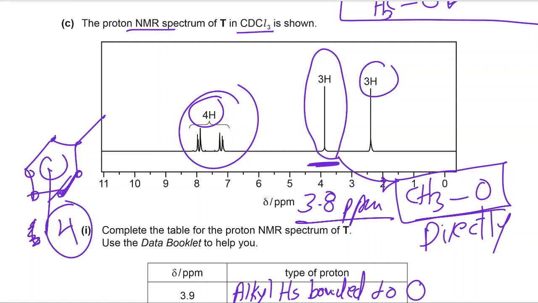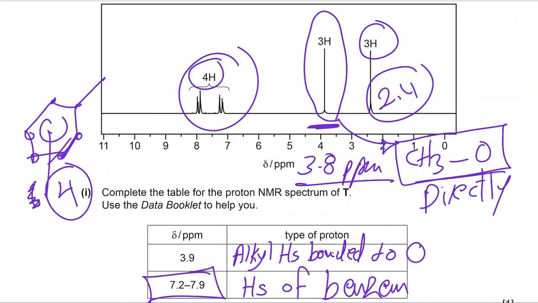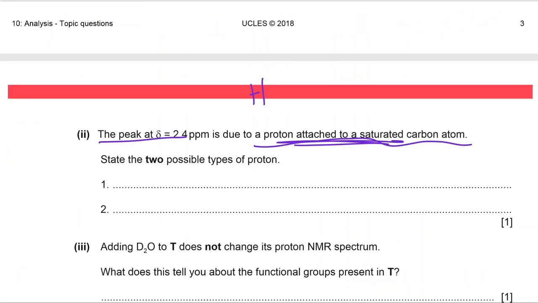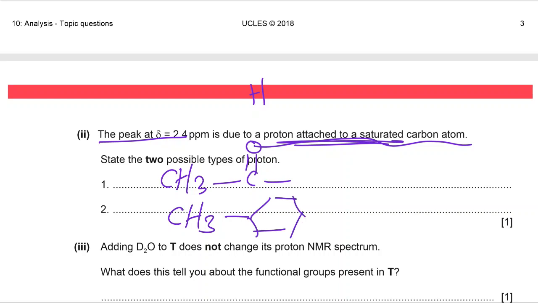Here we have 3 hydrogens at 2.4. This could be a CH3 bonded not to the oxygen but to the carbonyl, or a CH3 bonded to the benzene ring. So these are the 2 possibilities.